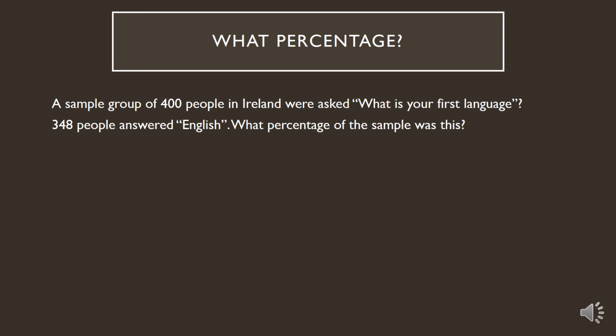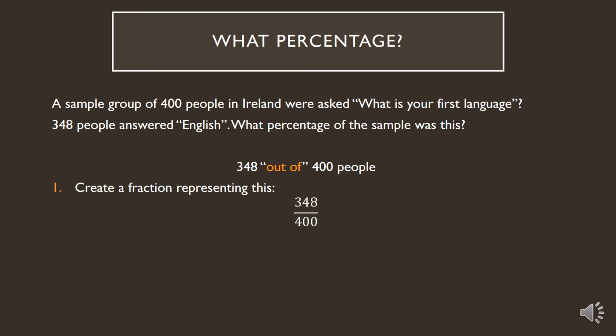Another example like that. A sample group of 400 people in Ireland were asked, what is your first language? 348 people answered English. What percentage of the sample was this? Again, use words to help you. 348 out of 400. So create a fraction.